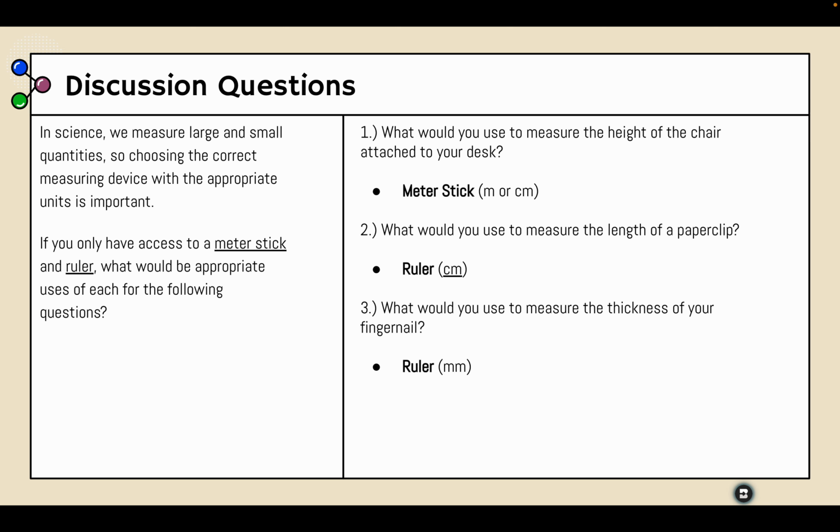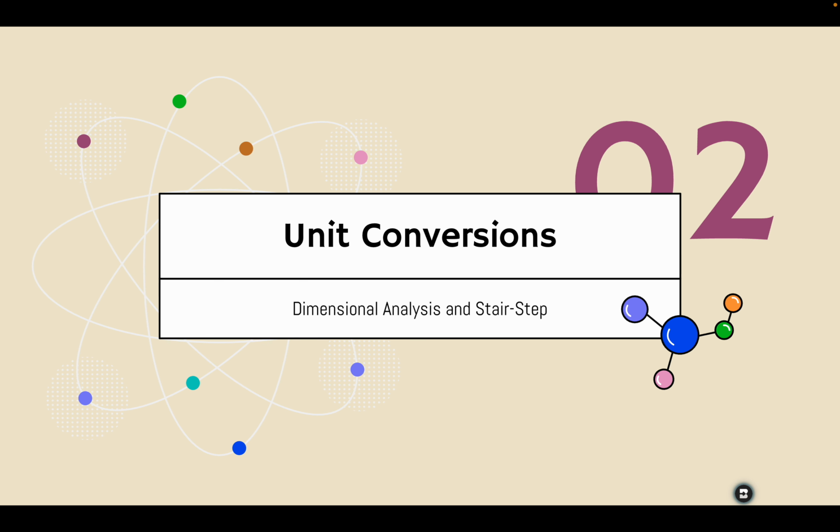And we're probably going to use the millimeters side. That would be on the same side as the metric system with centimeters and meters, but we're going to use millimeters there because the thickness of our fingernail is not very thick. Okay, and then lastly, what would we use to measure the length of the lab counters in the back? Definitely a meter stick. Okay, so hopefully that was pretty easy for you. And what we're going to do is jump into dimensional analysis and the stair step in our next video.